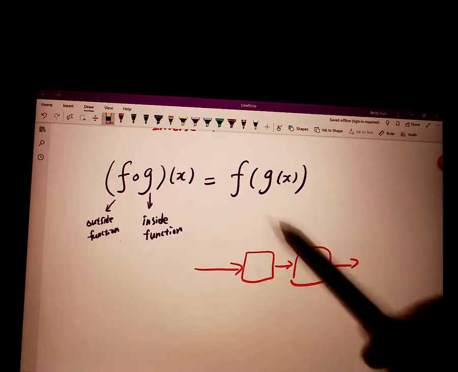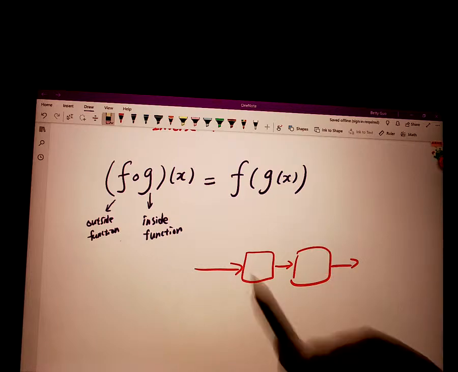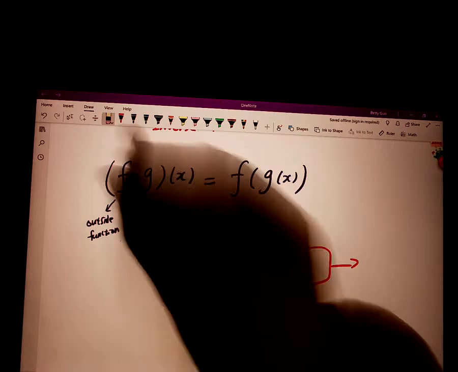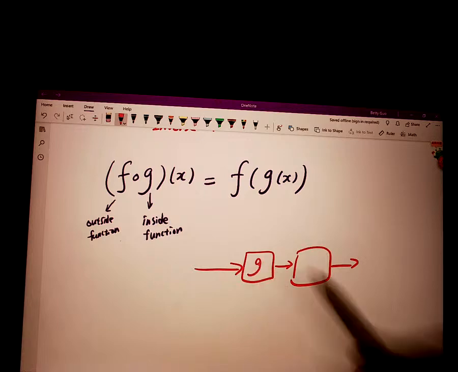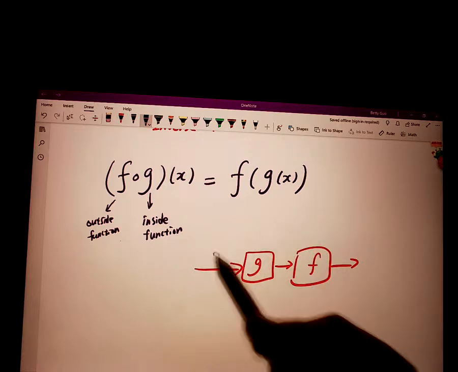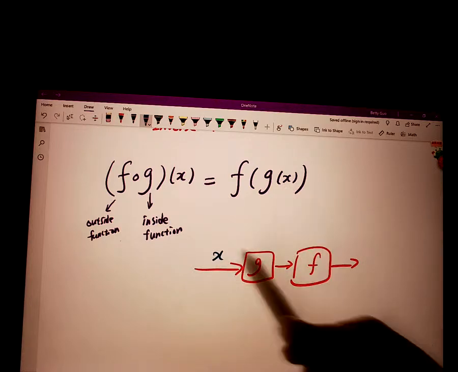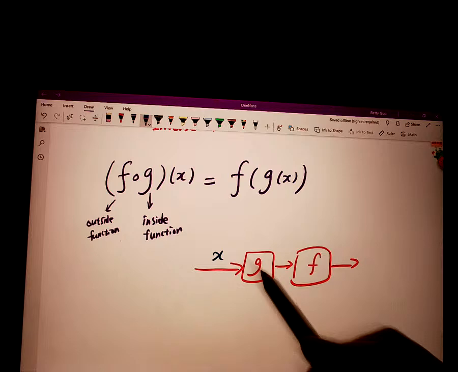So if we describe it this way, the first machine is going to be the inside function. The inside function takes input x first. You apply g on x first, then you would have g of x.